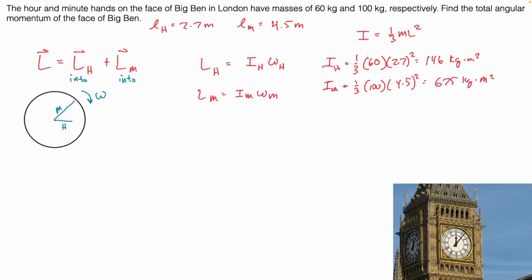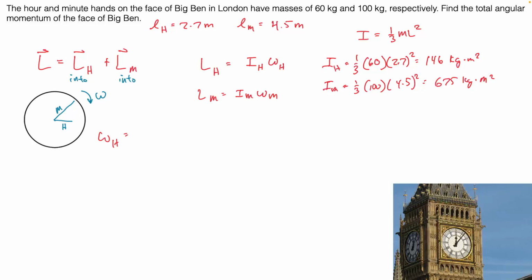Did they give us the angular speed? Do we know, can we find omega? Yeah, okay. So what do we know about how fast, in terms of angular quantities, an hour hand goes?